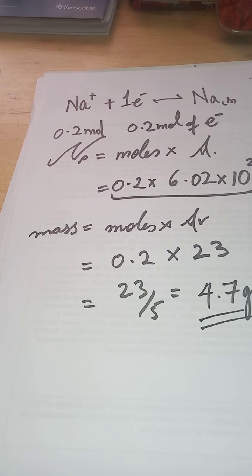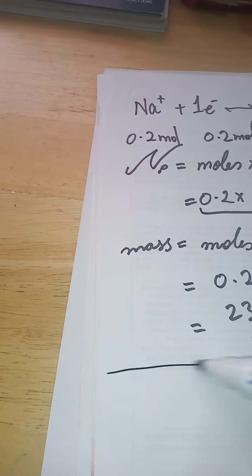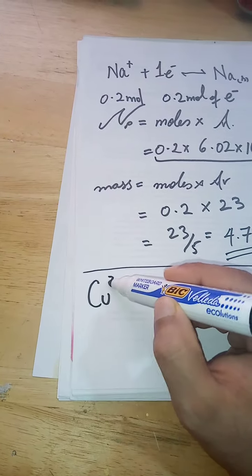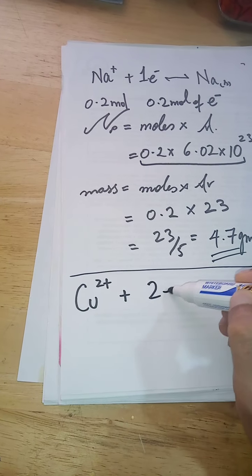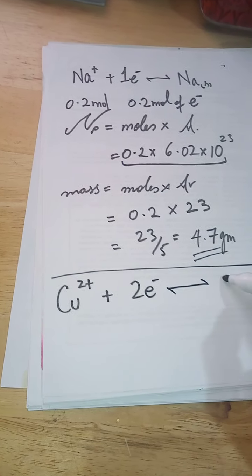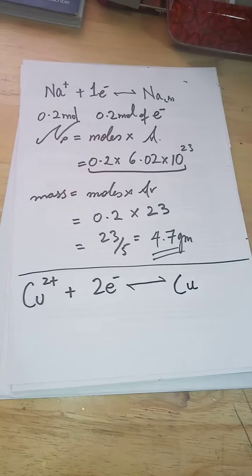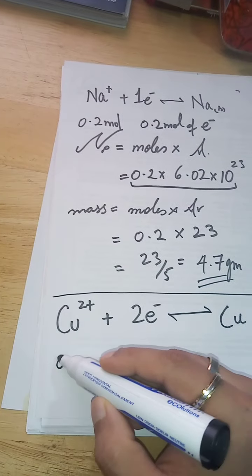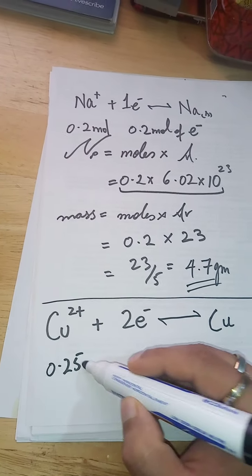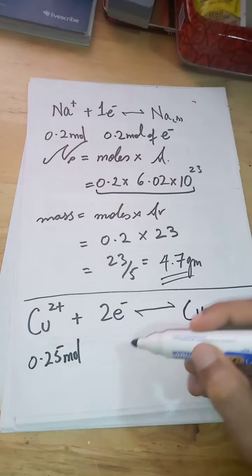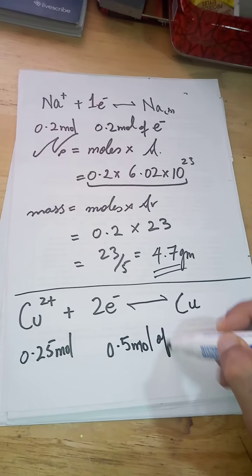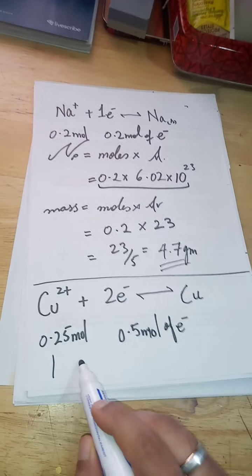Now, for copper, we'll do another example. Because copper requires 2 electrons to reach the atomic state, if 0.25 moles of copper is available, it would require 0.5 moles of electrons, half a mole of electrons, because there's a 1:2 ratio.